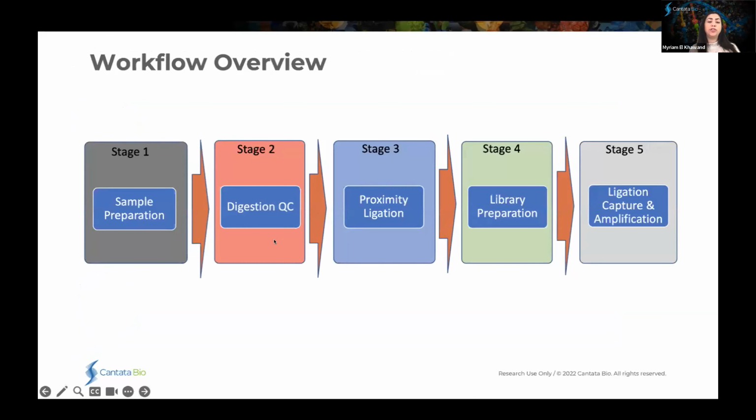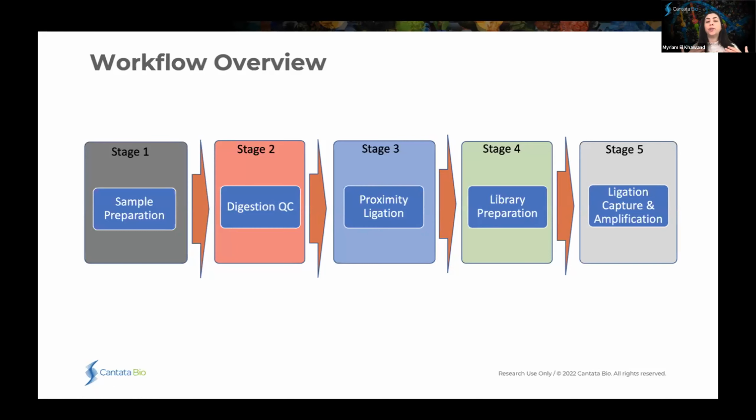You proceed to stage 2, where you check that the chromatin was properly digested. This is more of a QC checkpoint early on in the workflow. Once you confirm that the chromatin was properly digested, you go on to stage 3, where you're going to lyse your cells to extract the chromatin fragments that were digested.